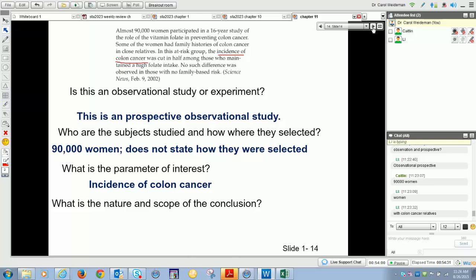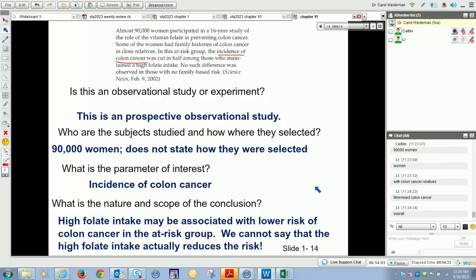Okay, I thought you were typing something in. All you can really say is that high folate intake may be associated with lower cancer risk, but we can't say it actually reduces the risk.